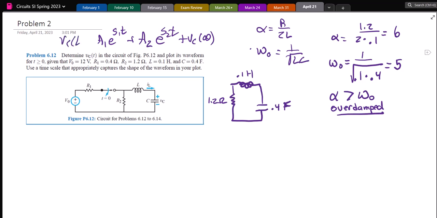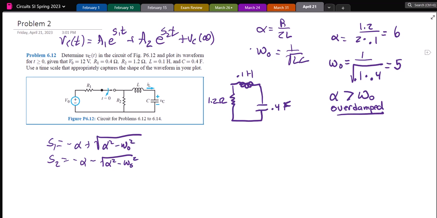So to find these things, we need to have S1, and on that formula page we have that S1 is minus alpha plus the square root of alpha squared minus omega naught squared. We'll need S2, and S2 is minus alpha minus the square root of alpha squared minus omega naught squared.